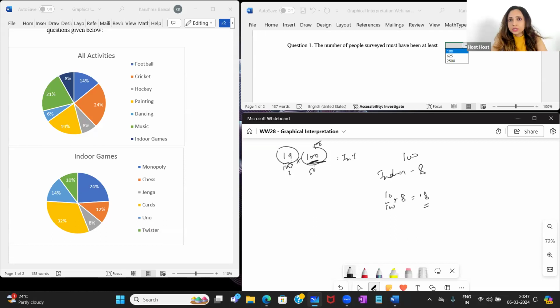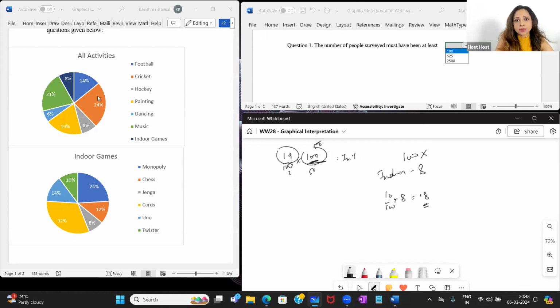We're not rounding up, we're not rounding down. So when I said 10% people, then that has to be an integer. Well, this is not an integer, so this doesn't work, correct? So my 100 is not the answer. All right, let's look at 625.